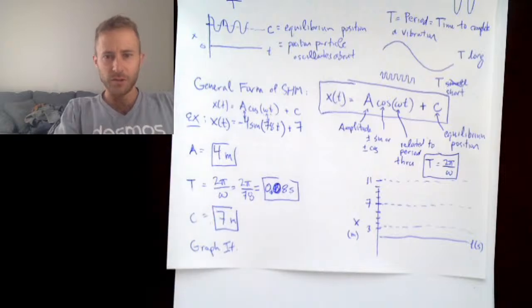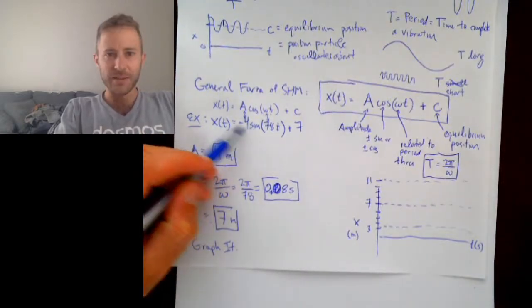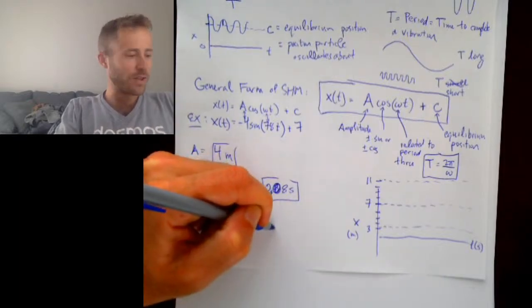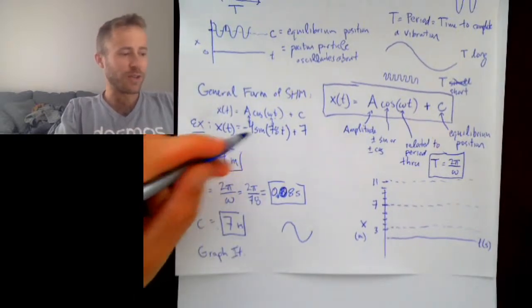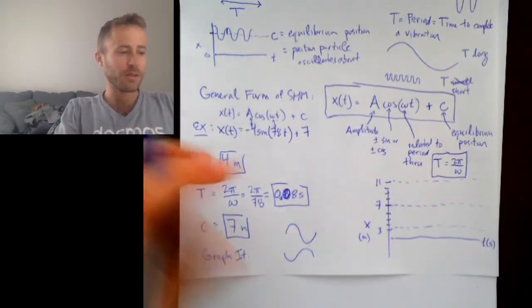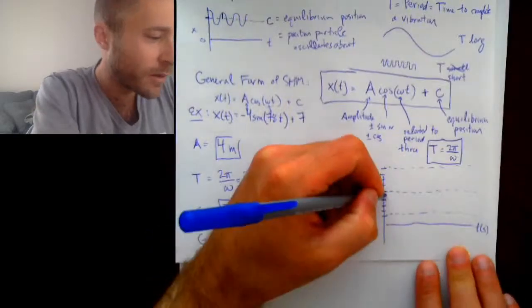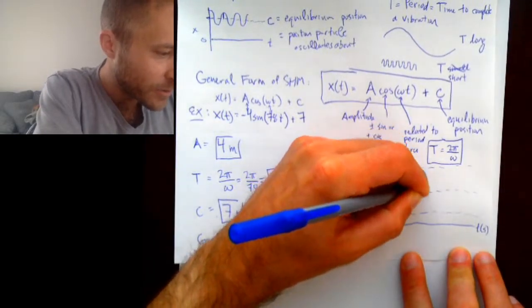Now, how do we know what it's going to look like? Well, we can see that it's going to be a graph of negative sine. So positive sine looks like this, right? So negative sine is going to look like the opposite of that. So this graph looks like that.